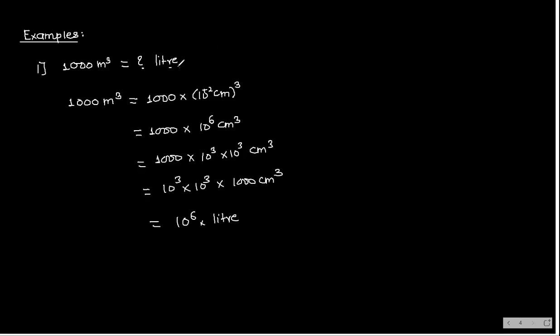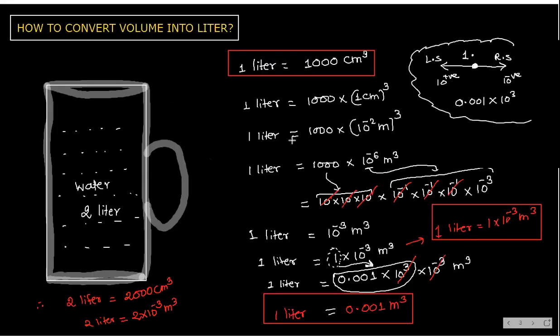So 10 power 6 liter you are getting. 1000 meter cube is equal to 10 power 6 liter. Any doubt? Understood? So here also, if you want, you can change it to RE. This is the American one, not an issue.